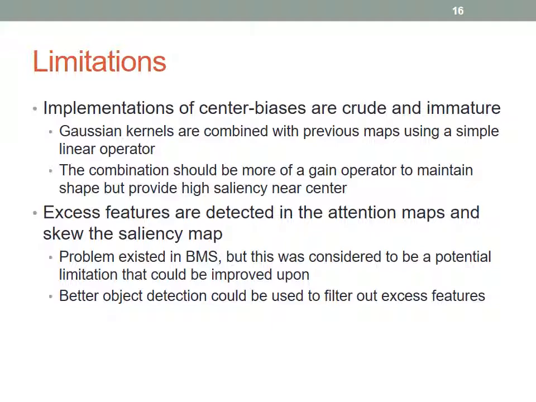So if we had better ways to detect objects and get rid of all these excess features that are being picked up using this Boolean map thresholding that BMS is using, I believe we would start seeing a little bit better performance. So that's something that was inherited in BMS, and I was not planning to tackle with BMSS, but that would definitely improve performance.